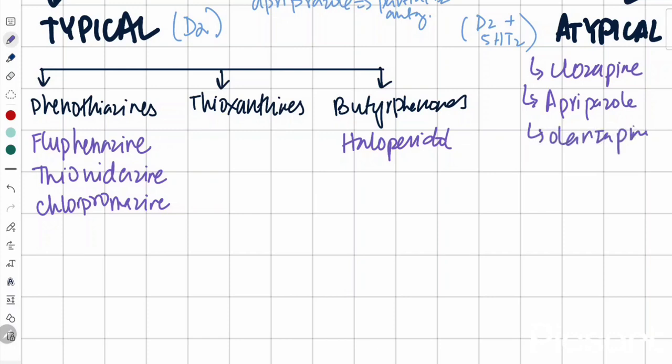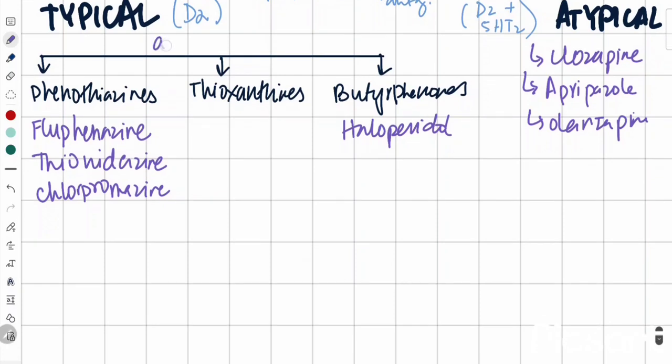Okay, you just need two to three names. The mnemonic that was written in First Aid is that all typicals have azine at the end, while atypicals have apine, or they could be idones. So they are the suffixes for typical and atypical.